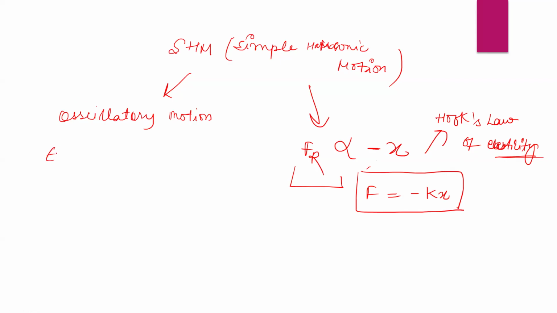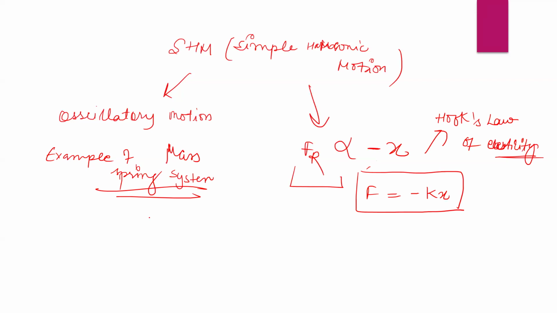We can take the example of a mass spring system. In this case, what happens is a block attached to a spring oscillates back and forth when displaced from its equilibrium position.